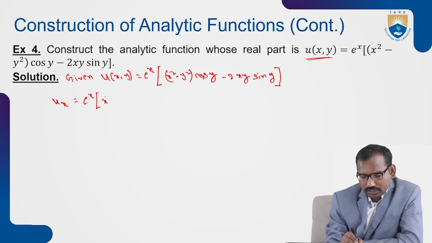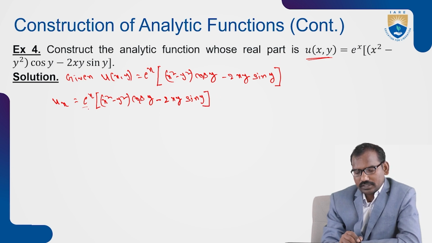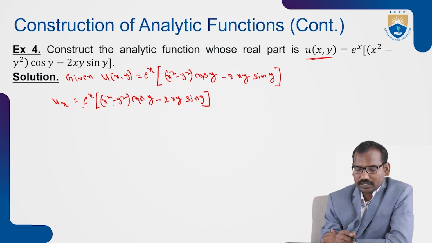Here I have x square minus y square cosine y minus 2xy sine y. Okay. Next, I am doing derivative for the exponential function, that is e to the x only, and I am keeping the second term the same.